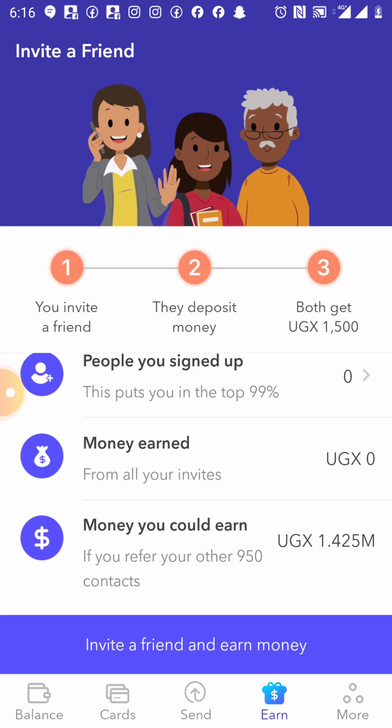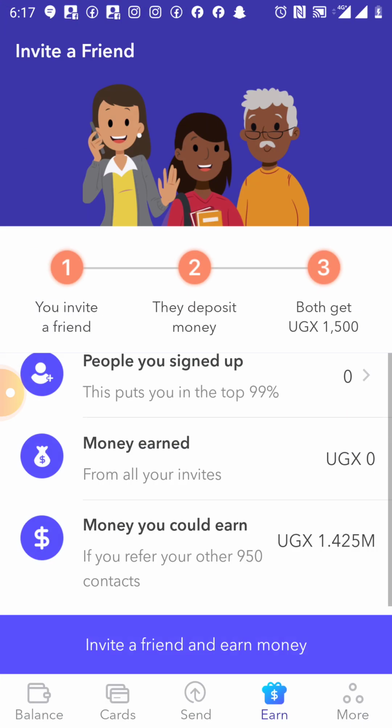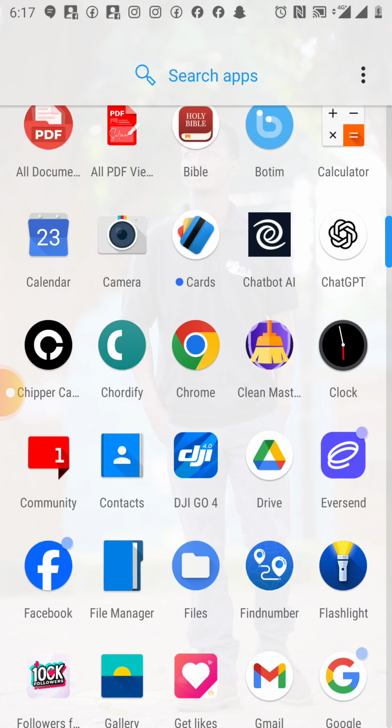I will try to see if I can invite people using this. Let me first click on that to invite people and see how I could invite people. I've clicked invite, but I've not seen whether I've copied the link.